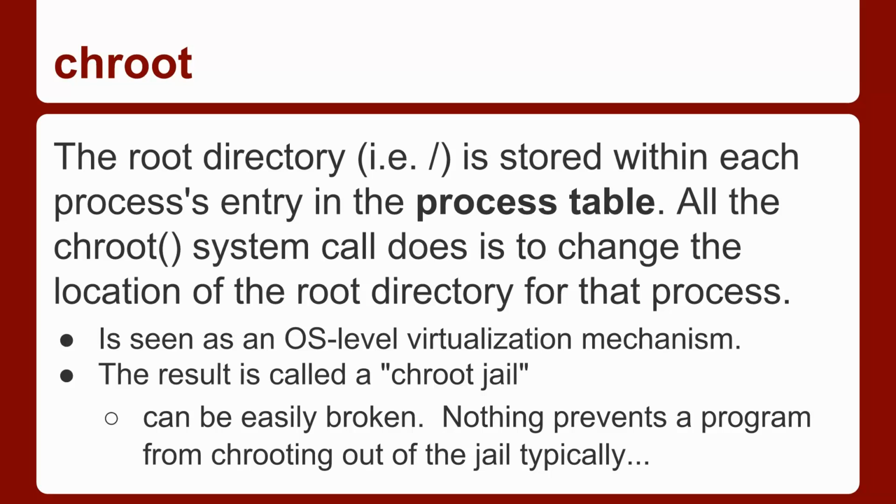utilities for doing virtualization or sandboxing, and really the trick to chroot is that it's given a new directory as an input and also a process to spawn. And what it does is when it spawns that target process, it tells it the provided directory is actually the root of the file system. So if it tries to change its directory all the way back to root and do something, it's instead told that no, this is root instead.